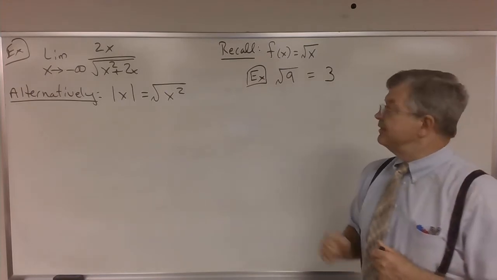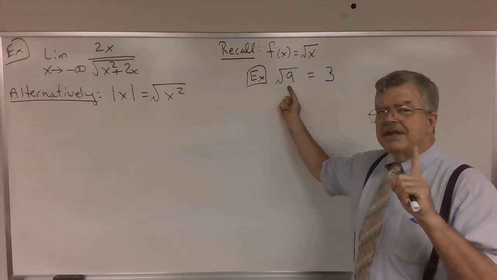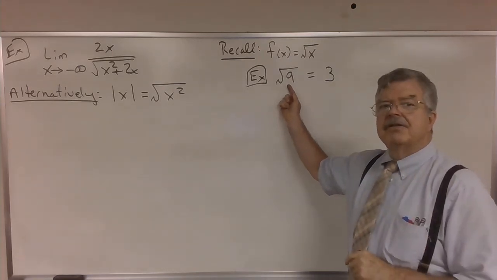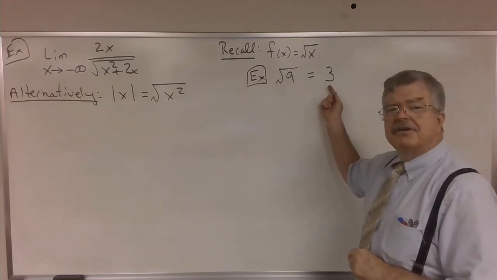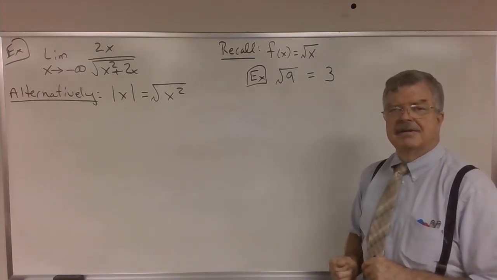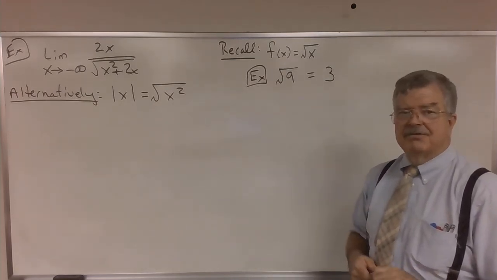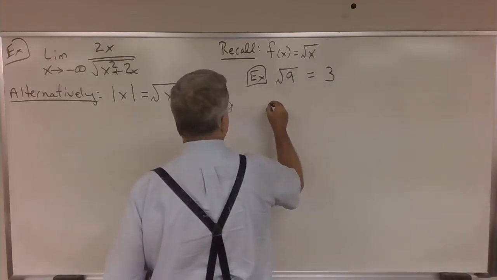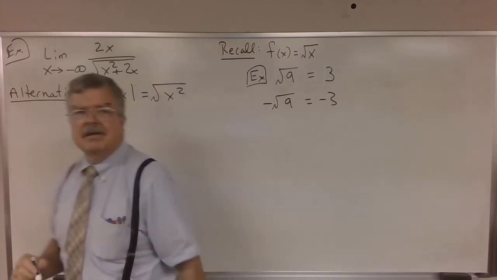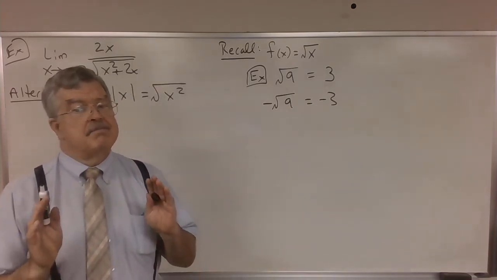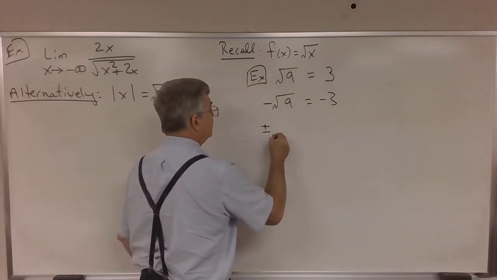And by convention, since the square root function can only give us one answer, the square root function gives us the positive root. If we want the negative root, we have to do this. Or if we want both roots, we have to do this.